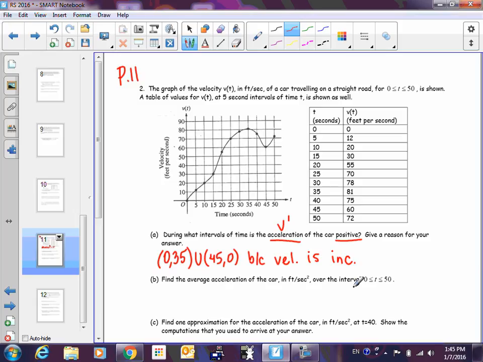All right, so for part B, average acceleration. Now, yesterday I talked about average value, and last semester we talked about average rate of change. So here's how you know the difference, and this is a conversation we're going to have a lot this semester.